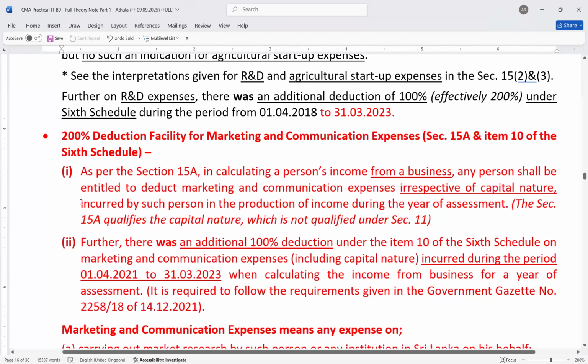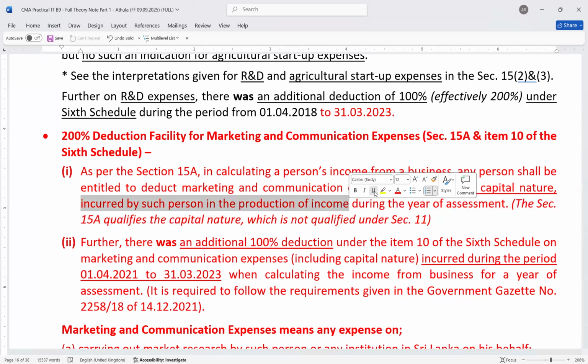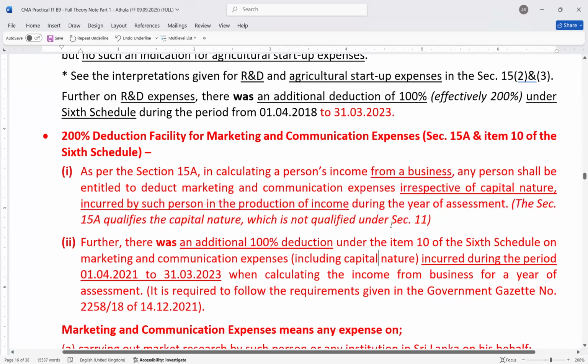But the only thing is, you should be in a position to prove that it was incurred in the production of income, right? Incurred during the year, then during the year of assessment. Those conditions are also to be fulfilled. Then you were eligible to claim 200% allowance under 15A. Then again another 100% if it is revenue nature under section 11 also.